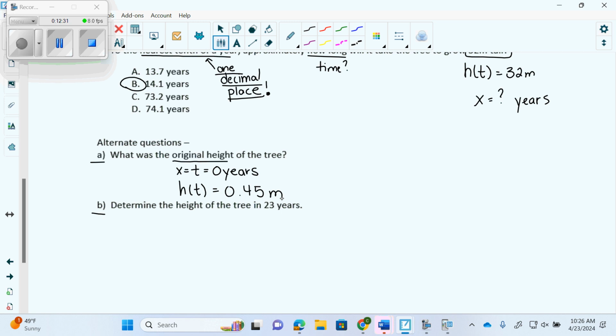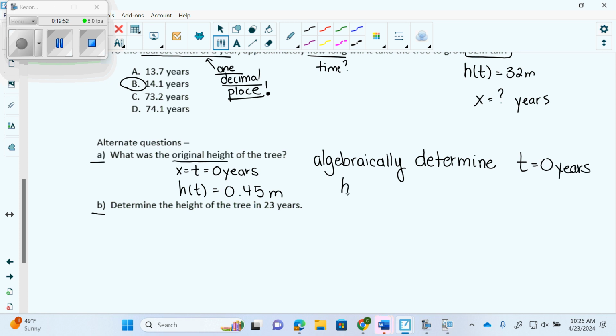If it says algebraically determined, and I want you guys all to see this and write it down, you must show algebra. So that means when t equals 0 years, we take our equation.